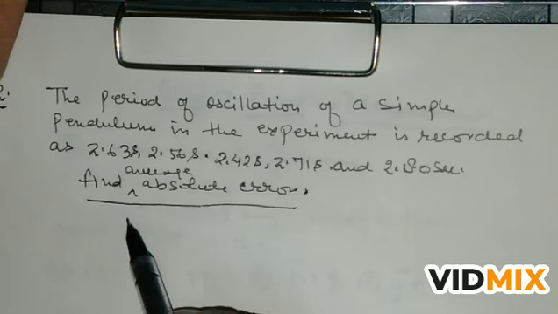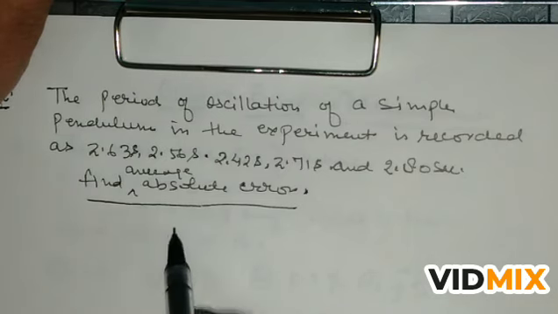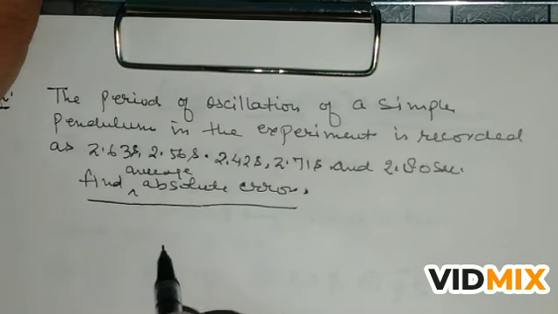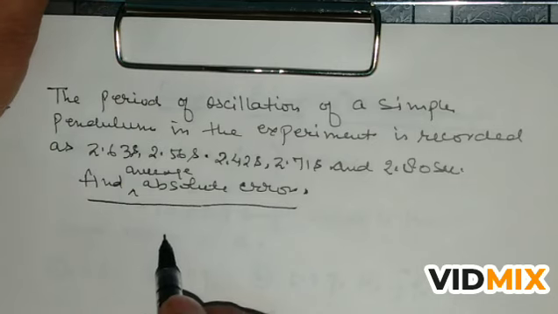Now I had given you the concept how to find the absolute error, or it is close to the true value also.